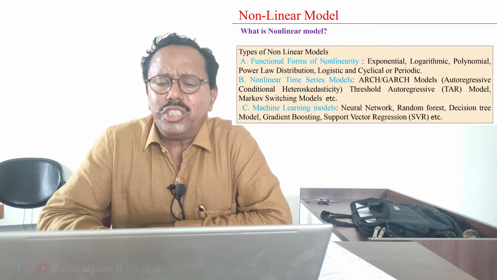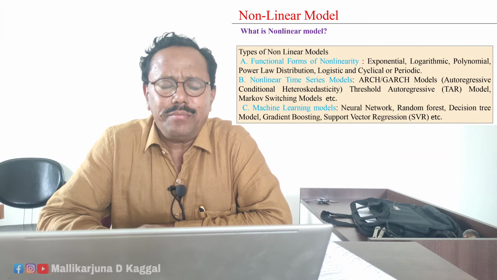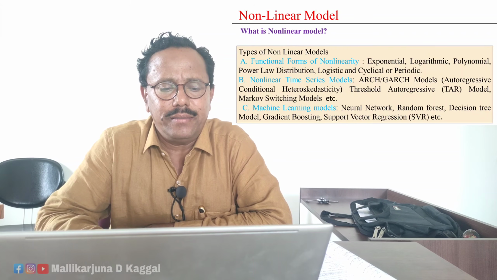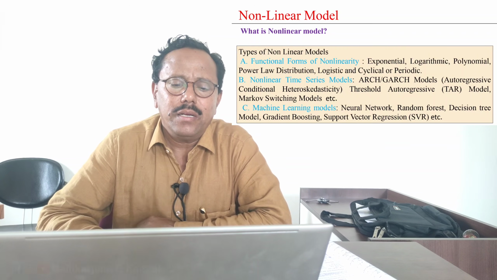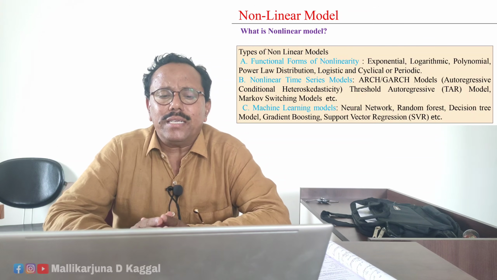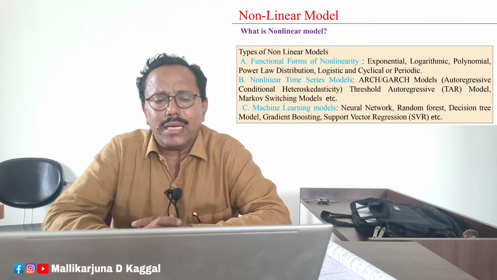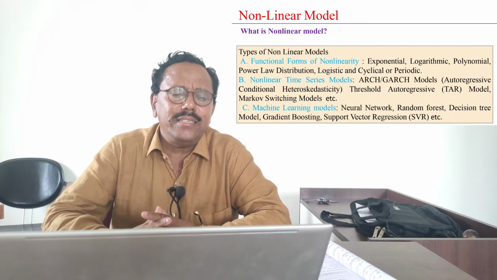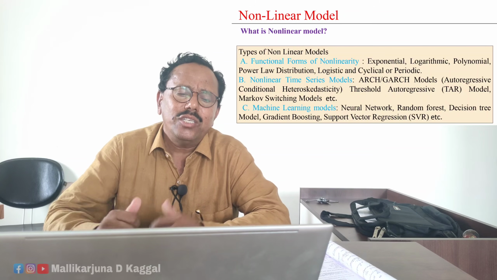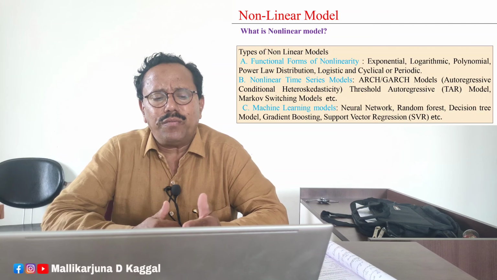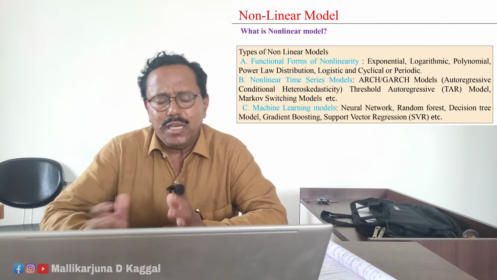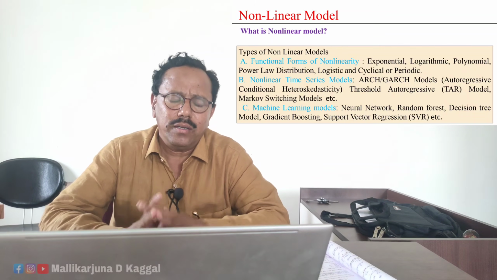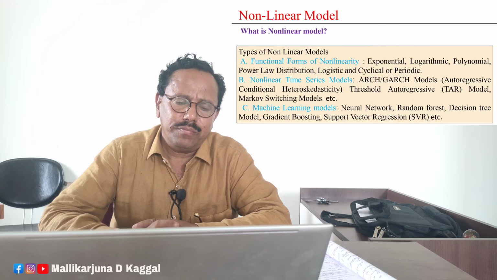There are many machine learning models, which I will explain later, practically, how it can be done. The computation requires, as I told you, an optimization algorithm. It is very flexible; you can change the variables. If you don't get it, you can change the power, from raise to the power of 2 to raise to the power of 6. If it is not obtained, you can go for exponential form or logarithmic form.